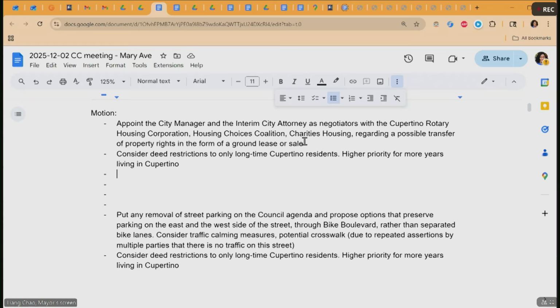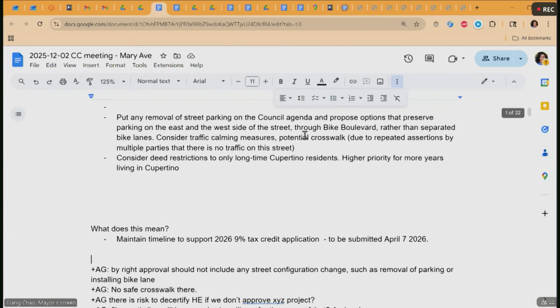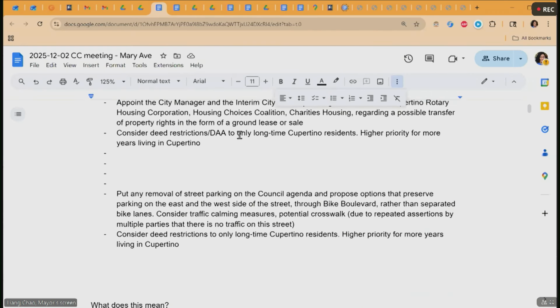And second, I hope to consider deed restrictions or possible contract, or DAA in some way, to limit to Cupertino residents, especially long-time residents.